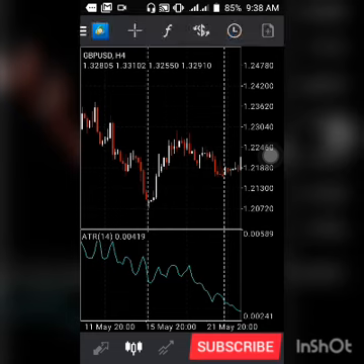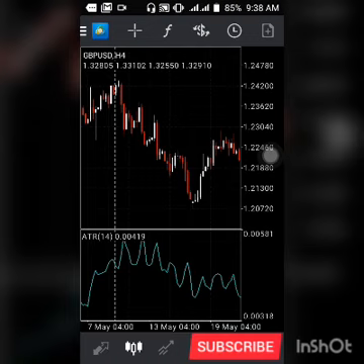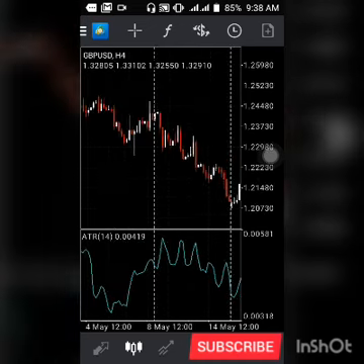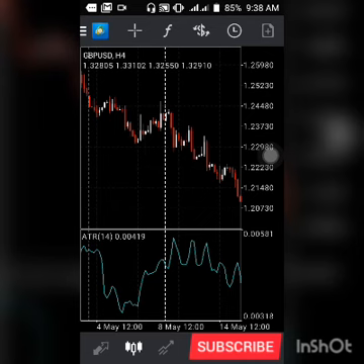What I just want you to know is that this particular setup comes once in a while, but when you get it, it's almost 100%. If you wait for the right entry, it's almost 100% sure that you make profit for that week and not loss.